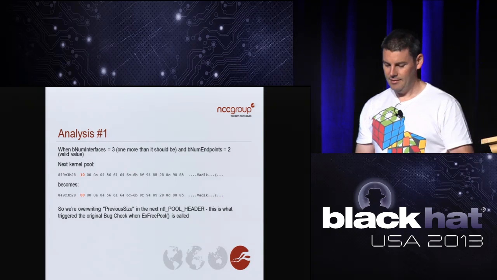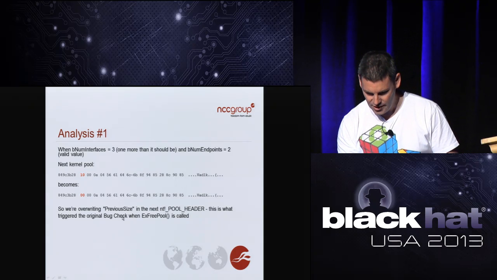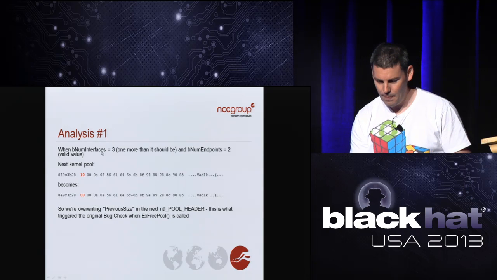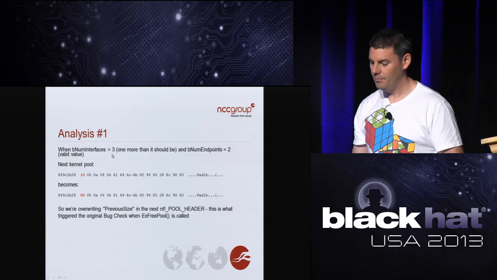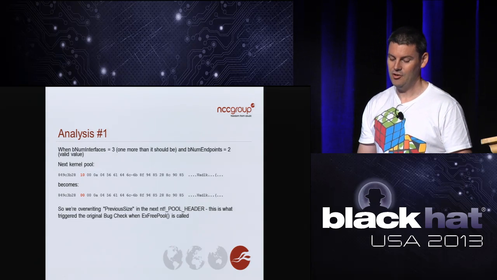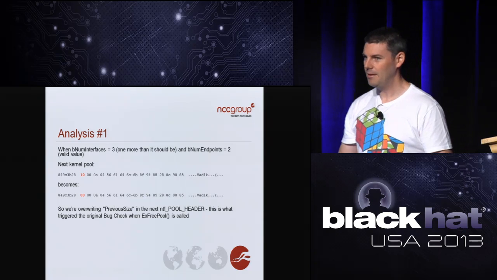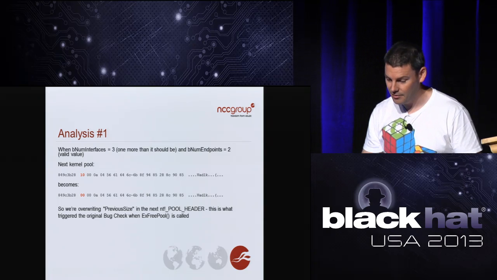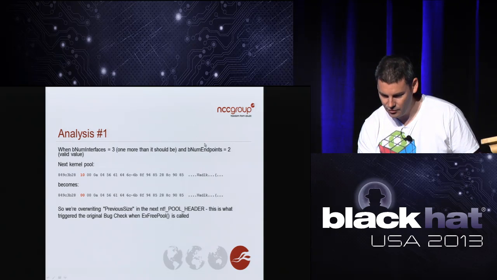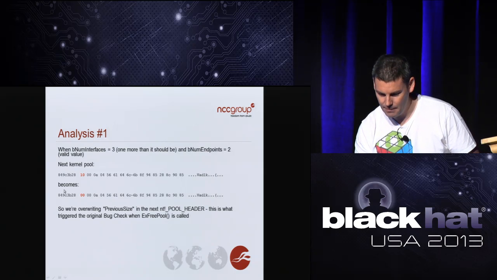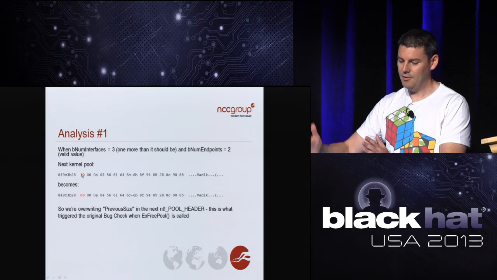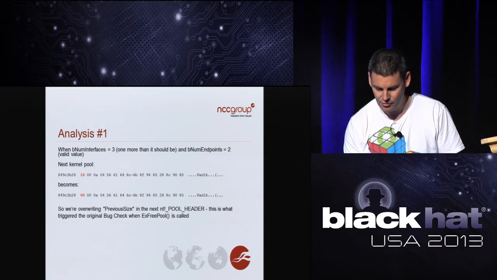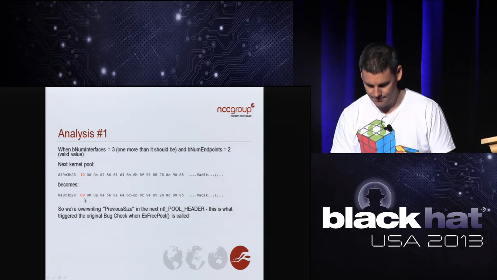So, further analysis using WinDBG. If bNumInterfaces is 3, which is one more than it should be, so there's actually only 2 interfaces specified within the configuration, but we're telling it it's 3, and the number of endpoints is 2, that value within the next pool header is changed from 10 hex to null, so it's been nulled out.